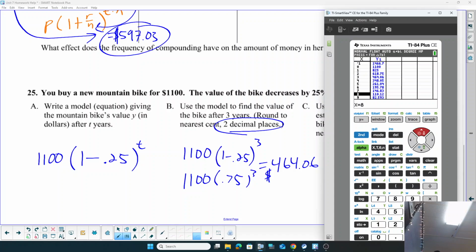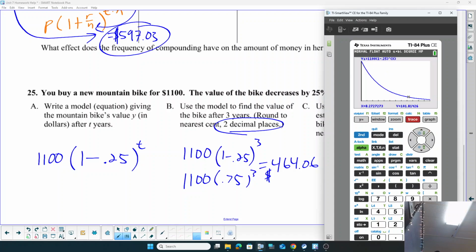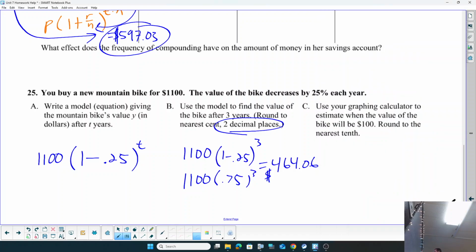So if we want to be more exact, what can we do? Let's see, to be more exact, maybe we round that up to 8.3. Second calc, value, that's pretty close. So maybe we'll just go with that. So about 8.3 years will give us that it's worth about $101.